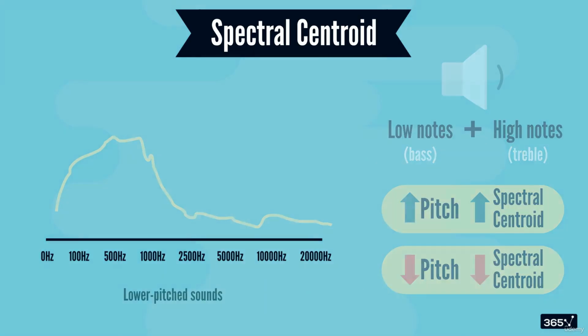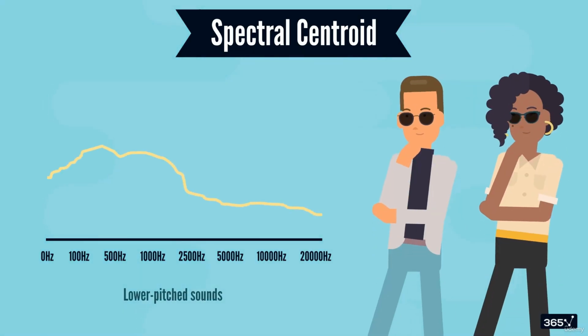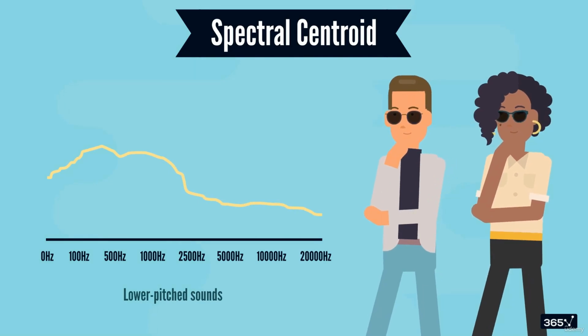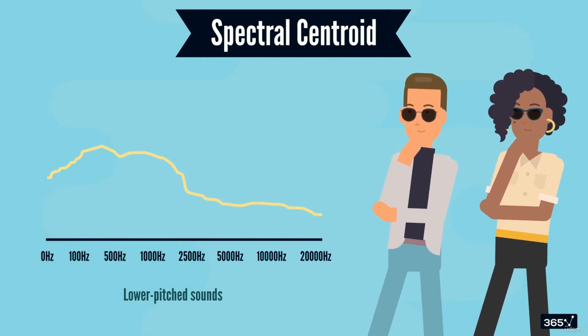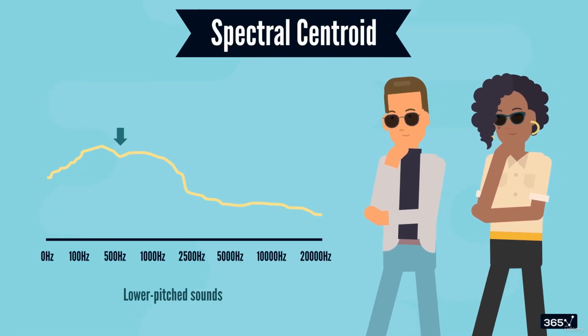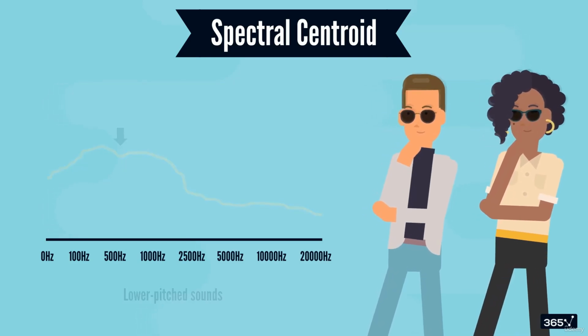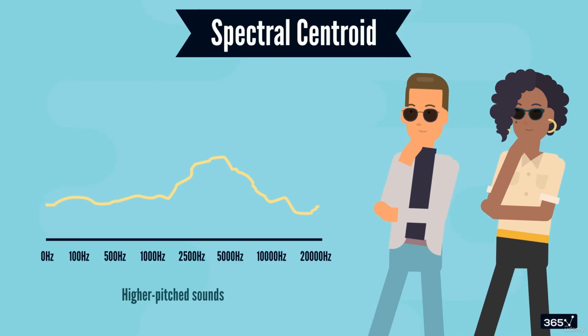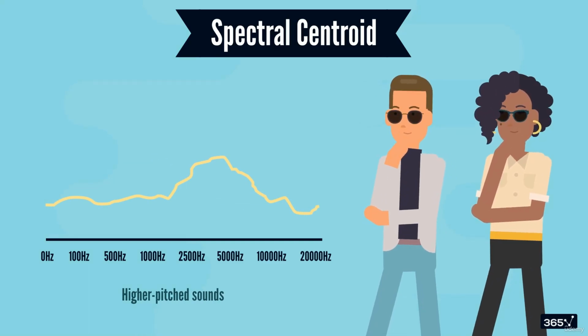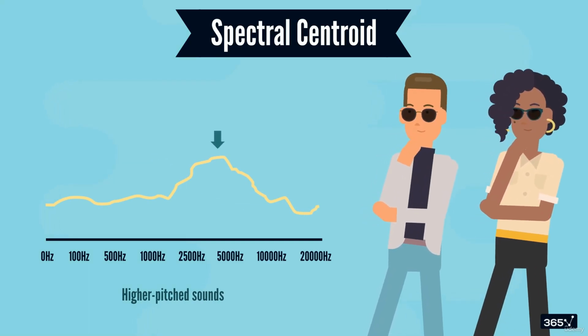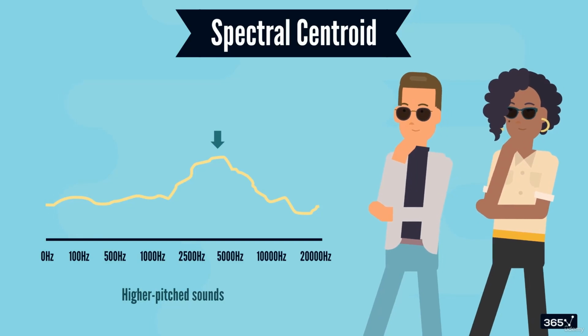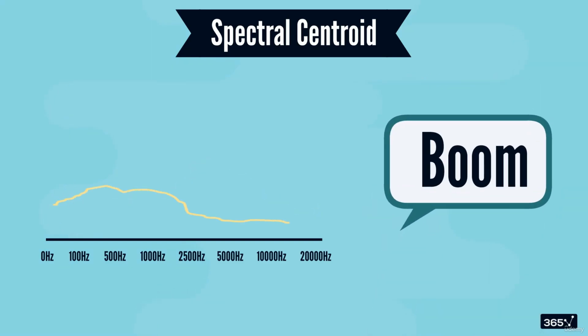For example, in a rap song, the bass and kick drum beat typically has lower frequencies, so the spectral centroid would be lower during those parts, giving the song a darker or deeper feel. Alternatively, if higher-pitched sounds such as hi-hats or certain synths are present, the spectral centroid would be higher, creating a brighter sound perception. In the word boom, the deep-voiced b and m sounds result in a lower spectral centroid.